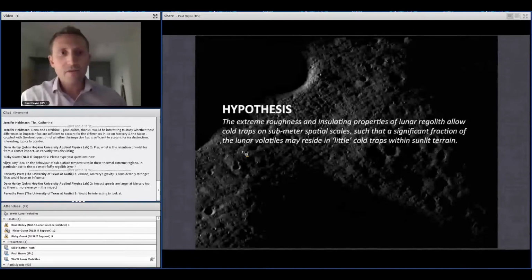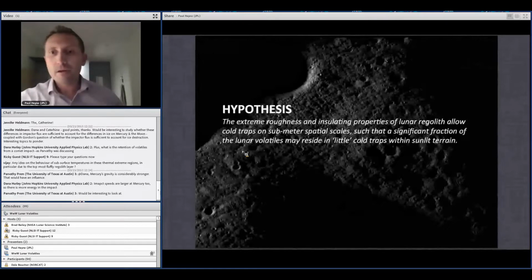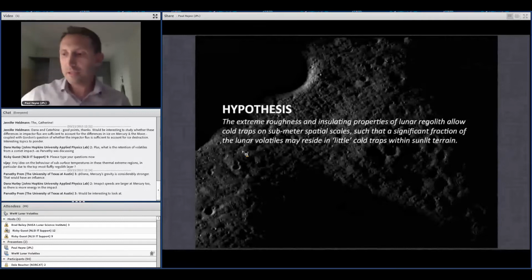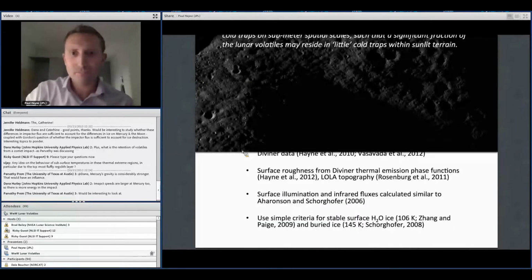And so I'm going to argue in this talk that these two facts combined mean that the minimum size of cold traps on the lunar surface is quite small, and therefore we should expect that these small-scale cold traps, and by small scale I mean less than a meter, or at least less than the size that we can distinguish with temperature measurements like Diviner, or with models utilizing topography from LOLA or other sources at scales on the size of hundreds of meters, could represent a significant fraction of the lunar surface.